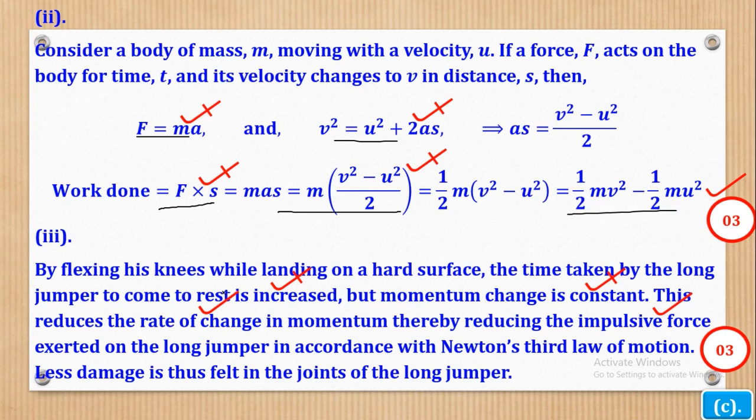Then for Roman 3, half a mark for stating that the time increases. Then half a mark for stating that the change in momentum remains constant. Full mark for stating that the rate of change of momentum reduces. Then a full mark for stating that the impulsive force reduces.